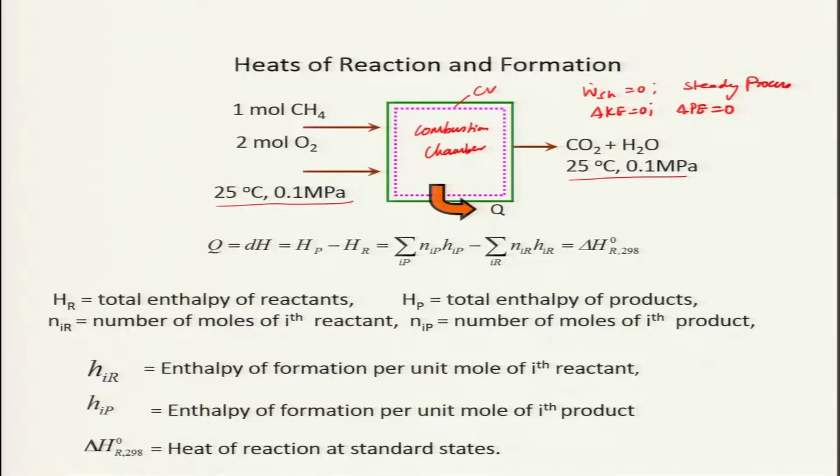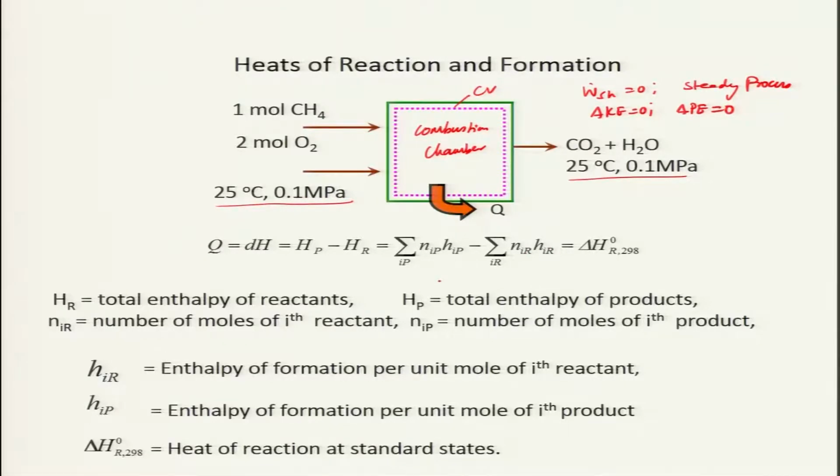So, under this condition we get Q is equal to dH, that is the change in enthalpy, which is nothing but the amount of heat being released, and that is Hp, the total enthalpy of the products, minus the total enthalpy of the reactants, equal to the summation of Nip Hip minus the summation of Nir Hir.